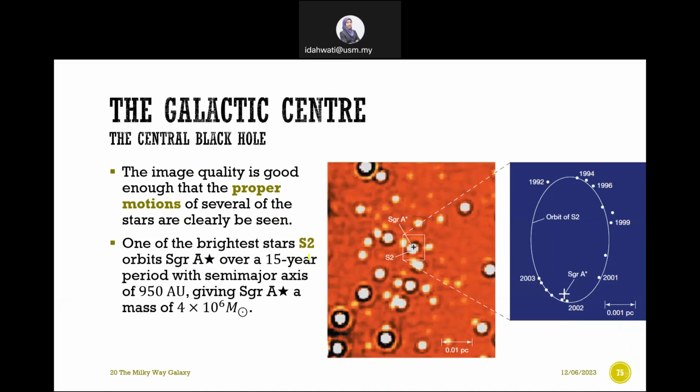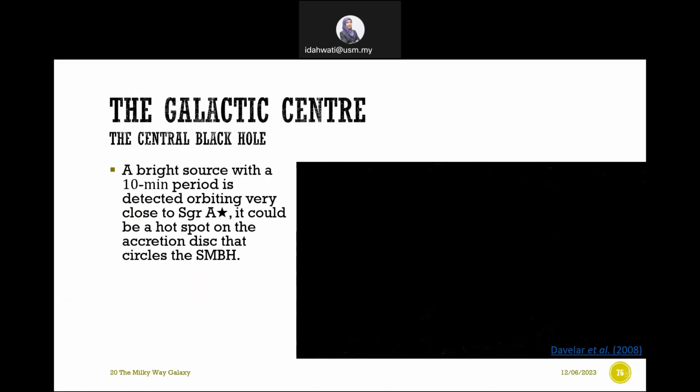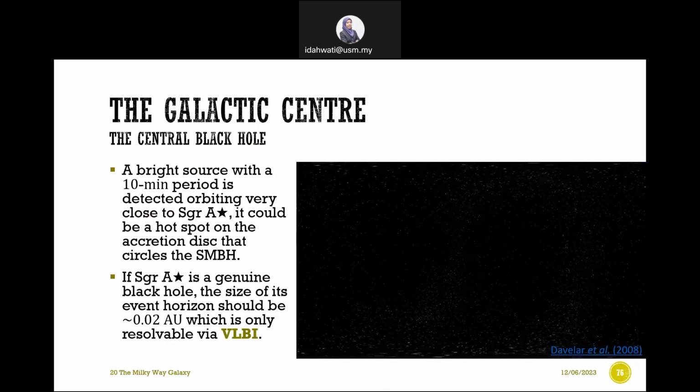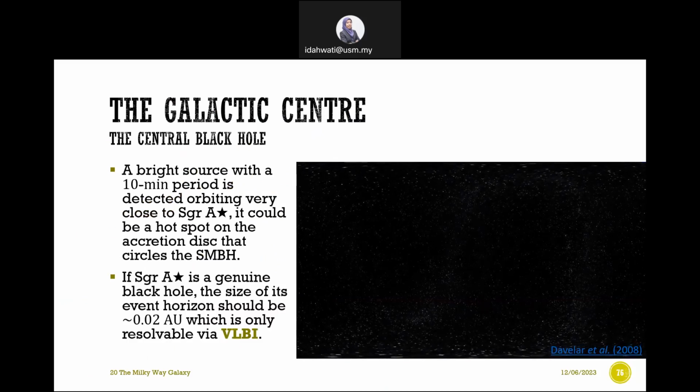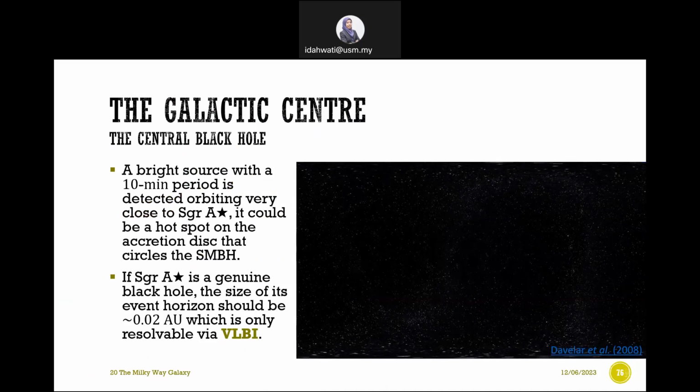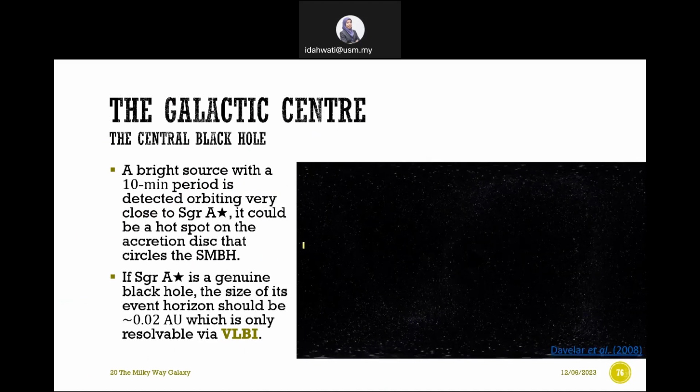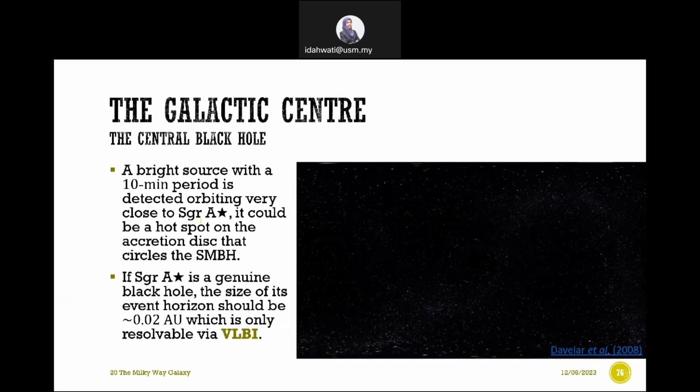For example, one of the brightest stars, S2, can be seen in this good-quality image. A bright source with a 10-minute period is detected orbiting very close to Sagittarius.